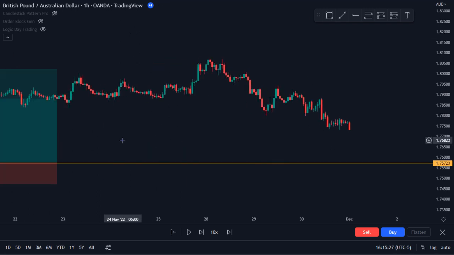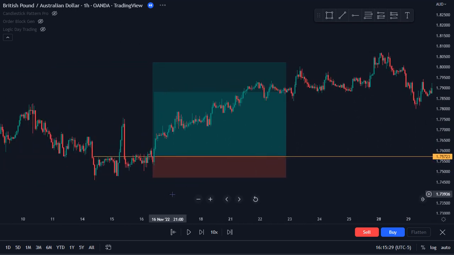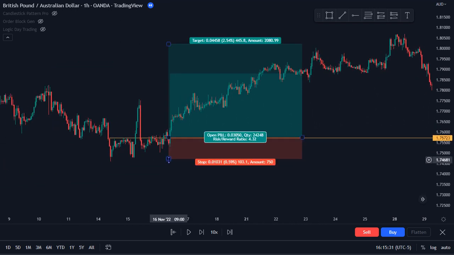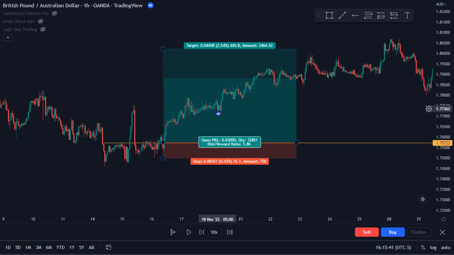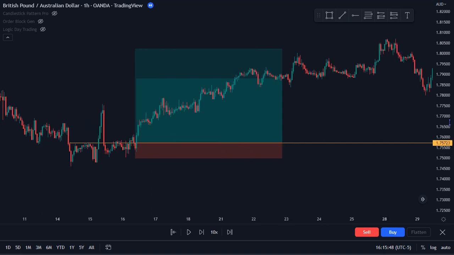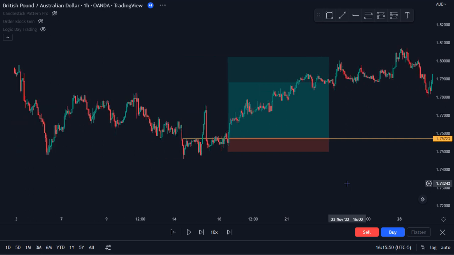But let me refine some more. If you got in on this 15-minute entry here, and then put your stop below this one, which did take out here, but it's a later entry, you're obviously now increasing your R&R by some more, almost 6, 5.8 risk to reward ratio.